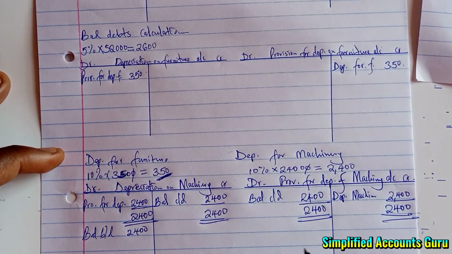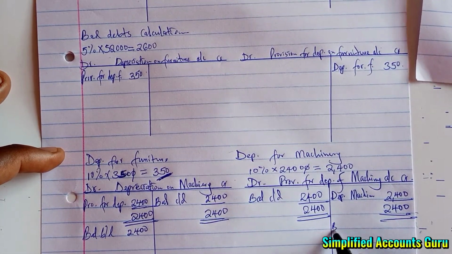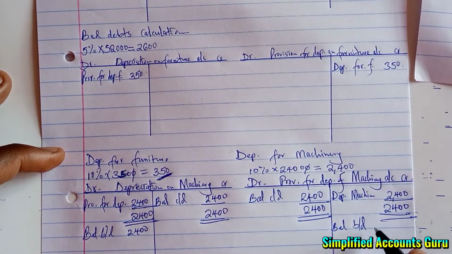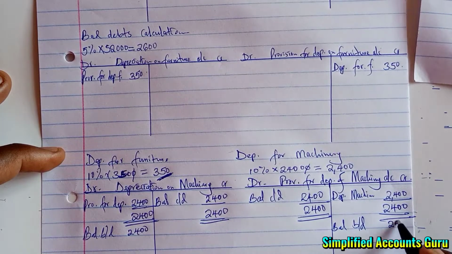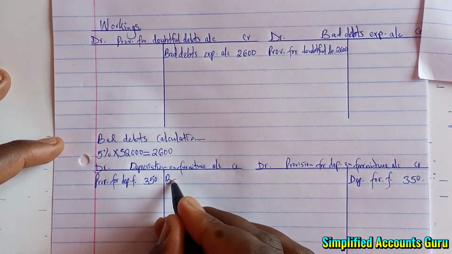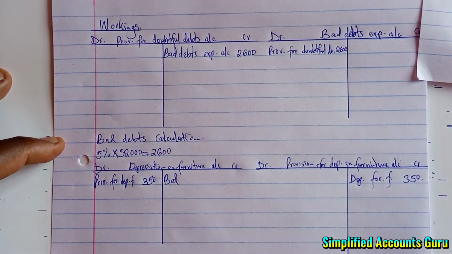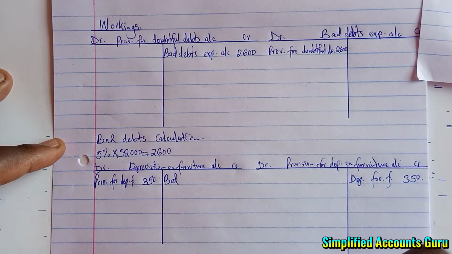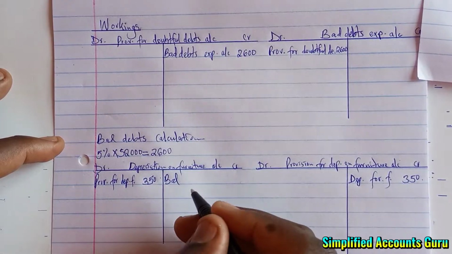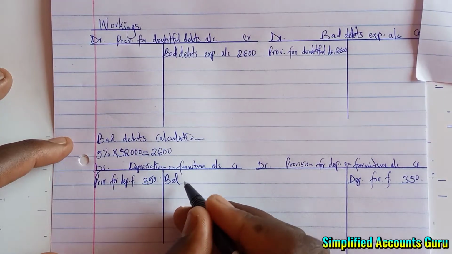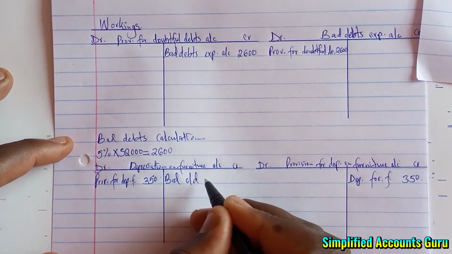Accountants do not normally have much time in doing the calculations, and that's why at times you might be forced to work with speed and do this even without waiting for the ruler. But when you are working for a given organization, at that point you have time, you can do it in a decent manner. This one is what you use when trying to rush and maybe to get more marks.